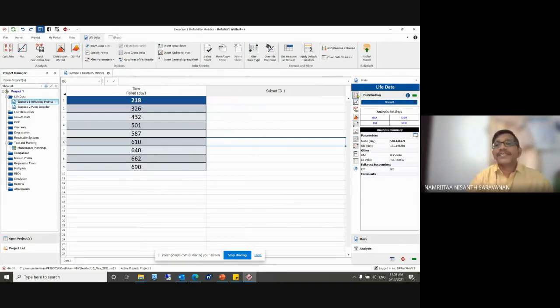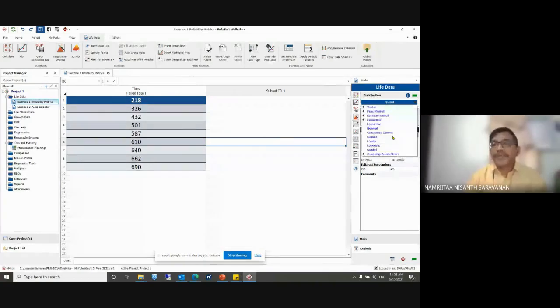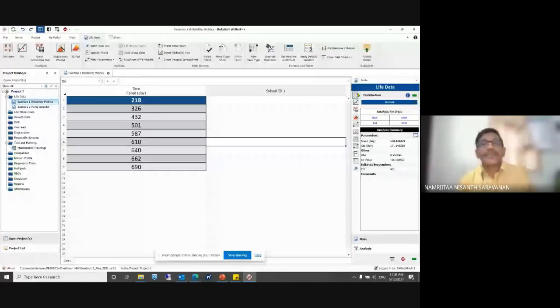I can choose the distribution. There are so many distributions possible. I can choose any kind of mathematical distribution to solve this. So if you see this, this is what happens in a histogram. We call this a histogram.